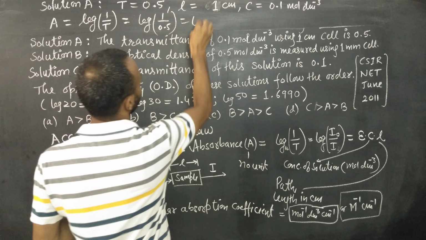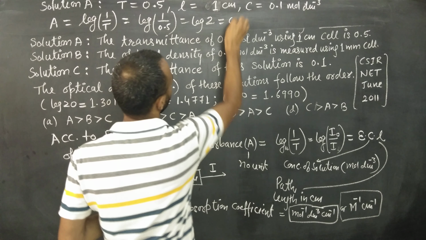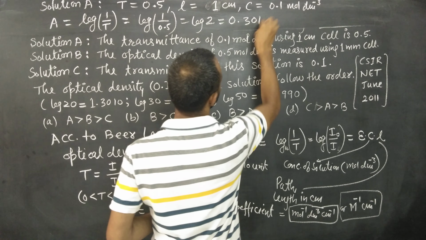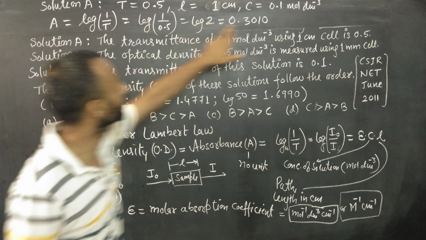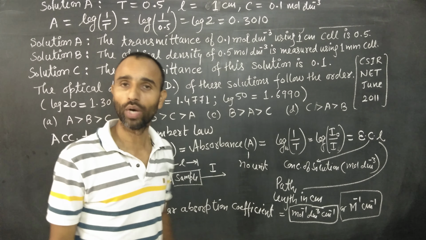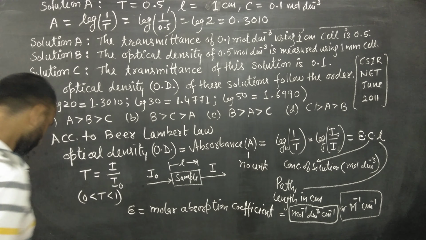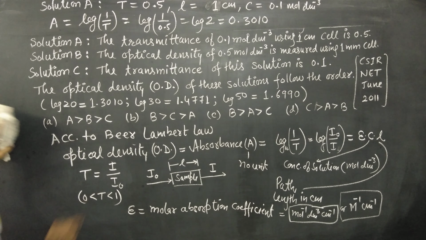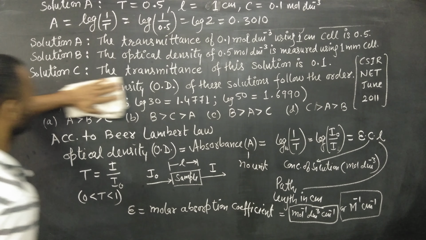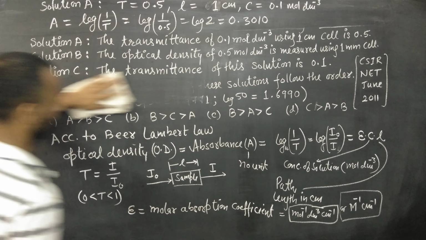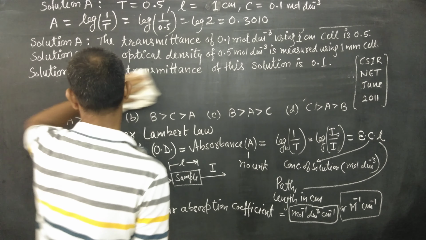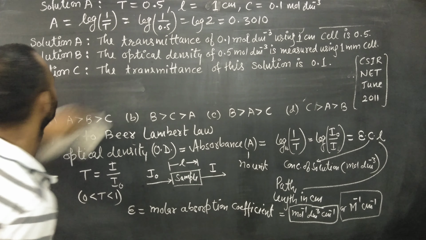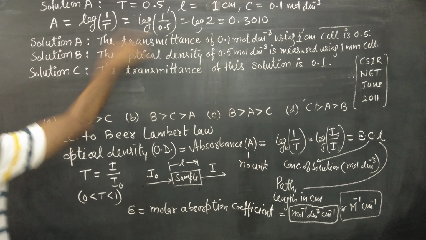That means log of 2, and the value of log 2 is 0.3010. So we get absorbance 0.3010.